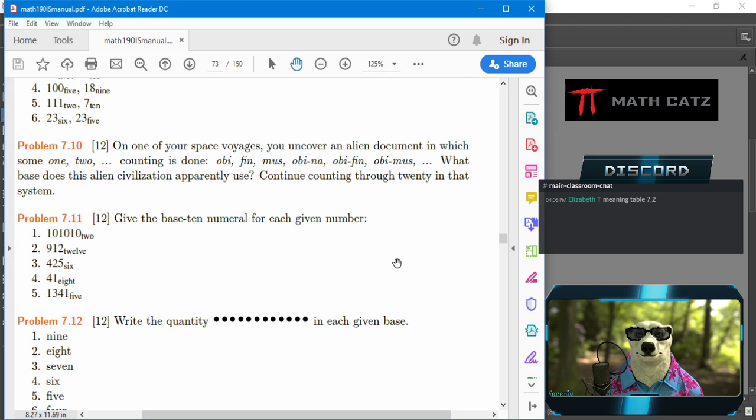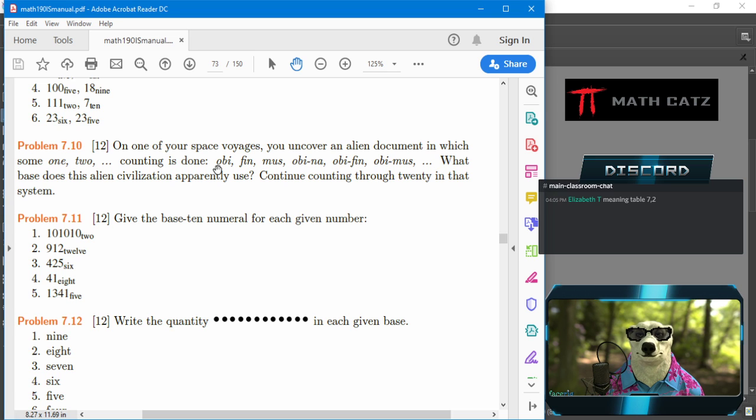Now 7.10 is just for fun, where I pretend there's some alien language that follows a similar place value system. I do think there's a typo in that one which creates confusion. Let me just think for a second. Something looks weird. I know one version had a typo in the list of these alien words.